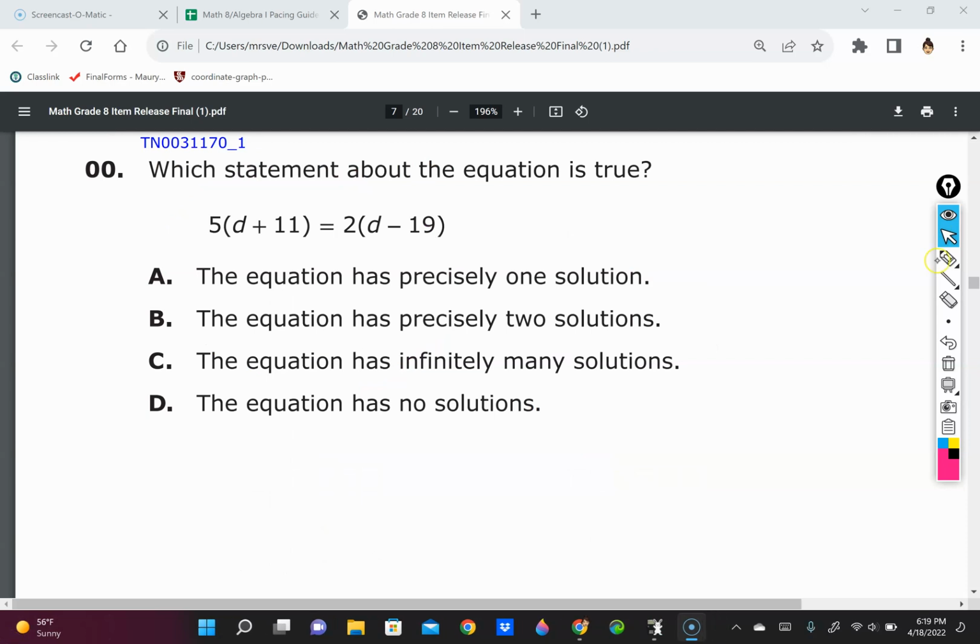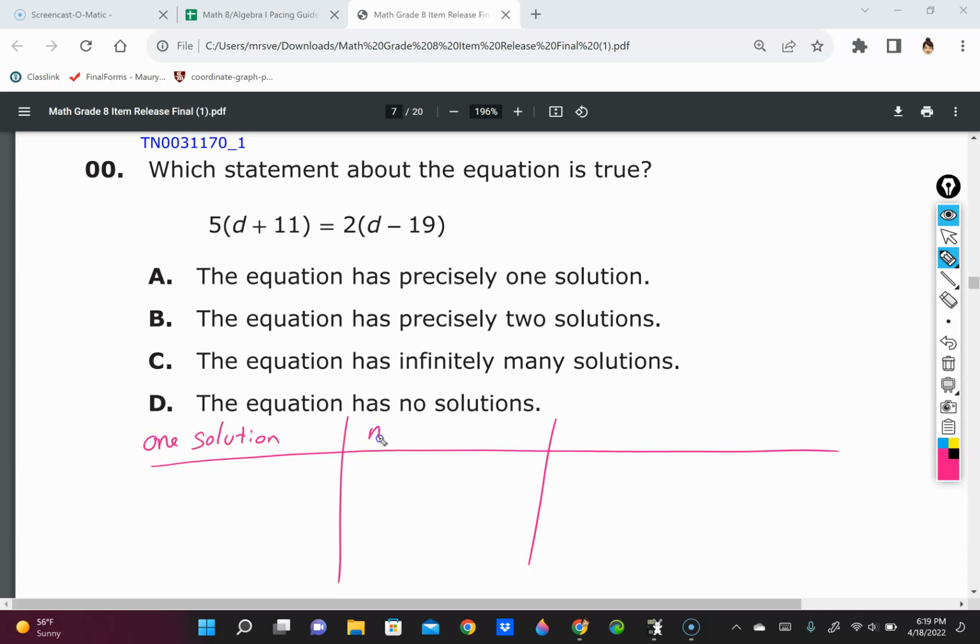Which statement about the equation is true? If you remember in previous videos, we talked about what is considered to be one solution, no solution, or infinitely many solutions.